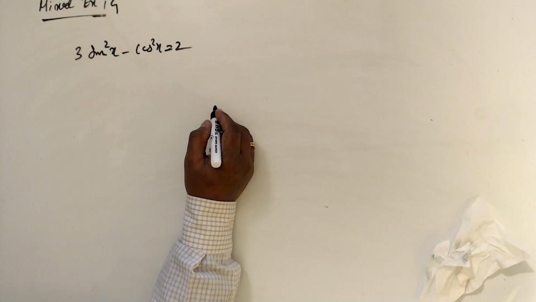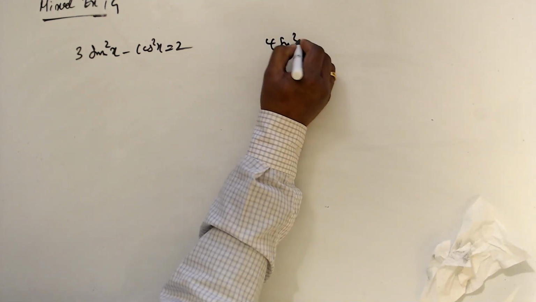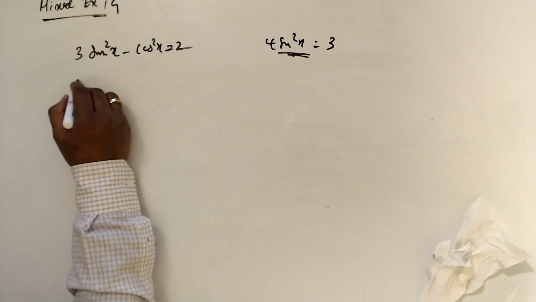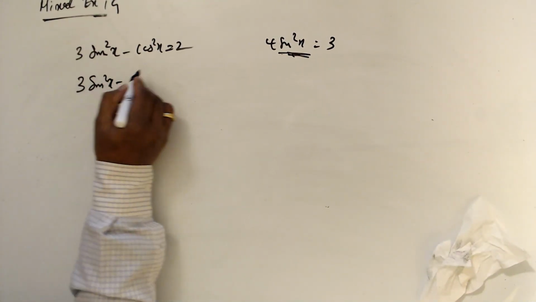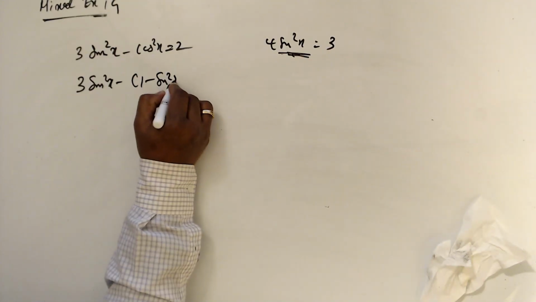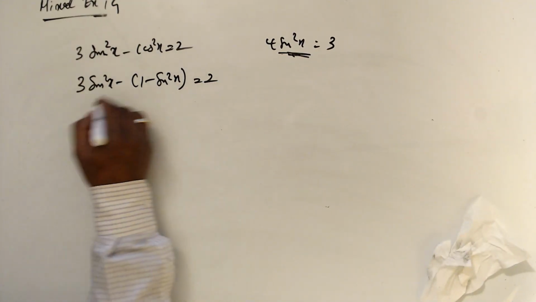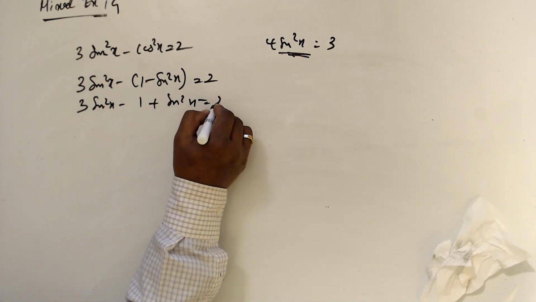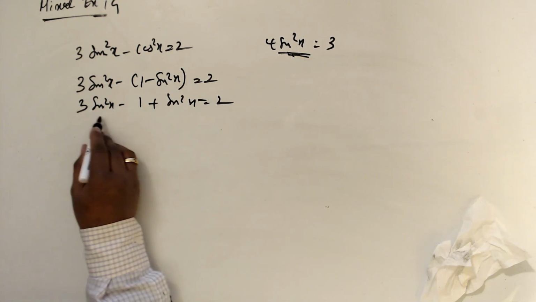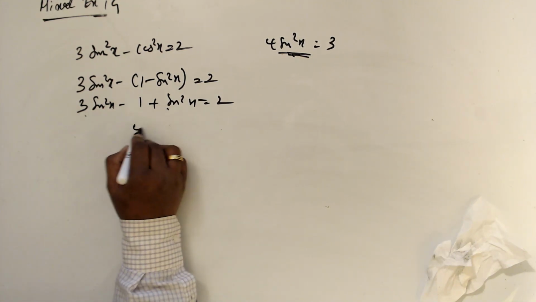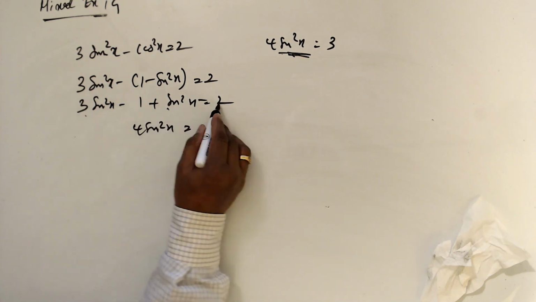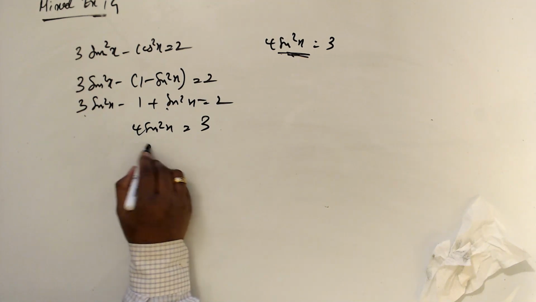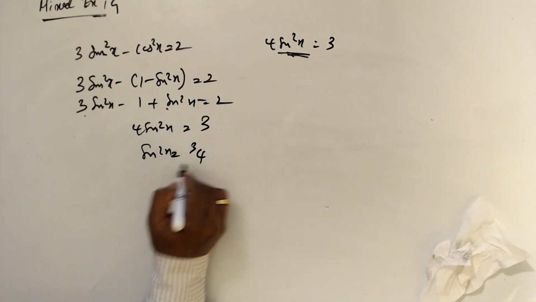Question number 19. This one we want to show that this is, when you look at it, you will see that cos is missing. So 3 sine squared x minus, 1 minus sine squared x, equals 3 sine squared x minus 1 plus sine squared, so this is going to be 4 sine squared minus 1 plus 3. Then sine squared equals 3 over 4.